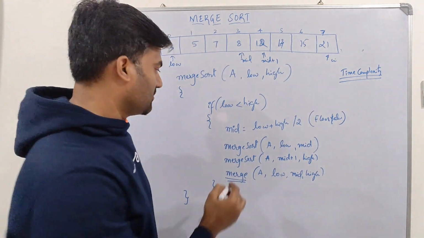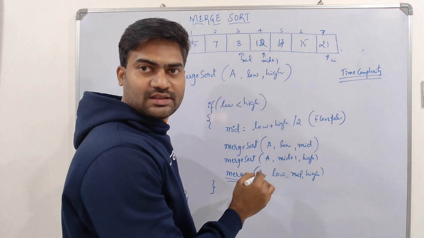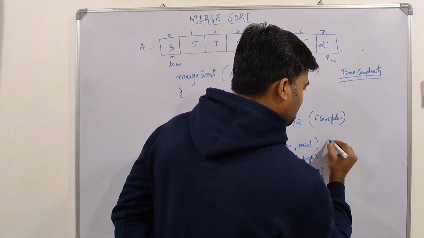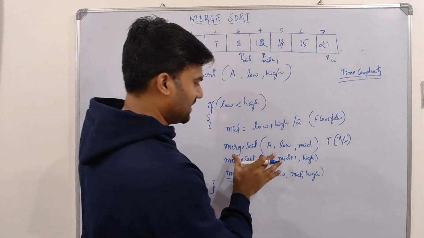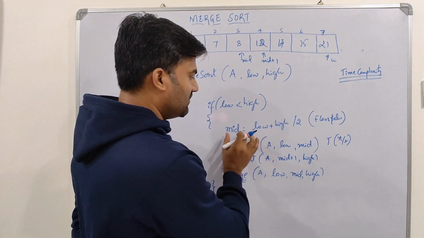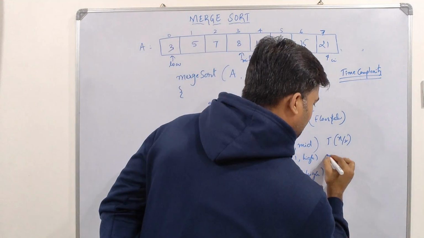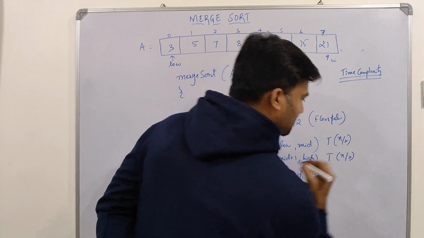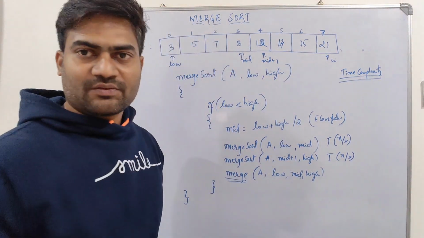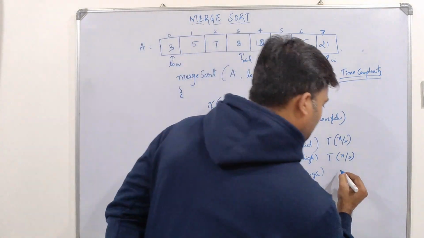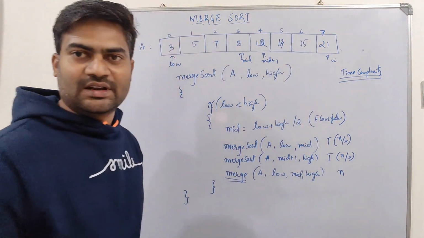What we are doing here, basically, is dividing the array. So this is basically T of n by 2. We are simply calculating the mid value and dividing. Again the next half, which is T of n by 2. Then in the merge, we merge the elements, so basically it is of order n.